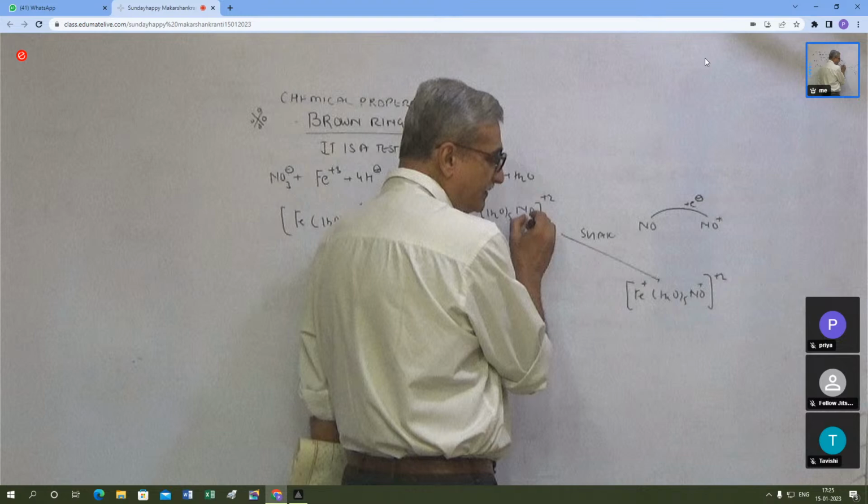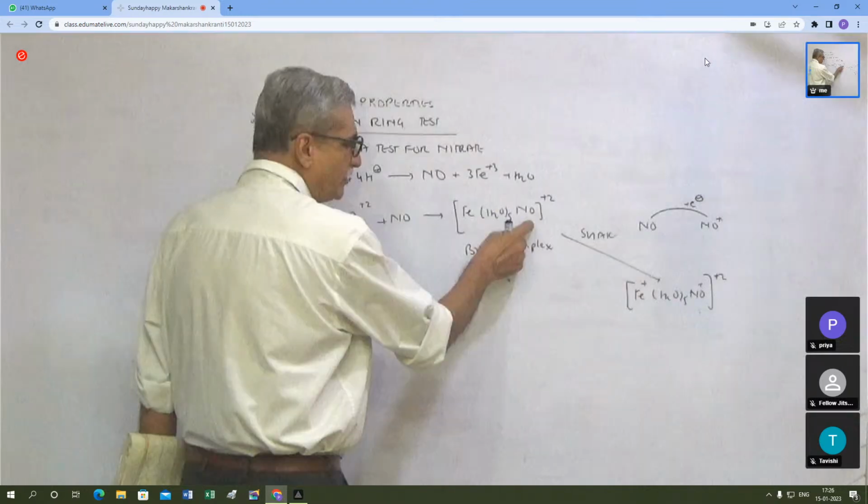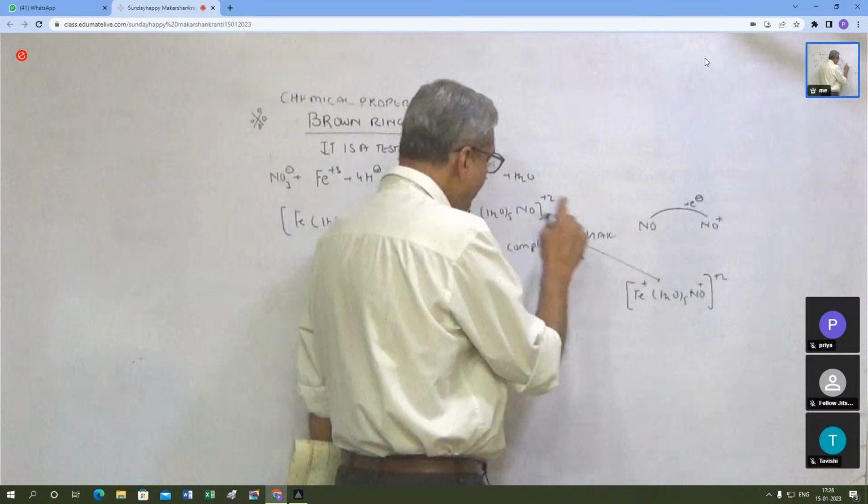In the brown complex, it will be plus 2 because these two are neutral ligands. But here this will be Fe plus 1 because this is plus 1, nitrosonium. So you have to read the question carefully. If they don't say brown complex, then it's a matter of worry, then it's Fe plus 1. If they say what is the charge of Fe in the brown complex Fe(H2O)5NO, then it is plus 2.